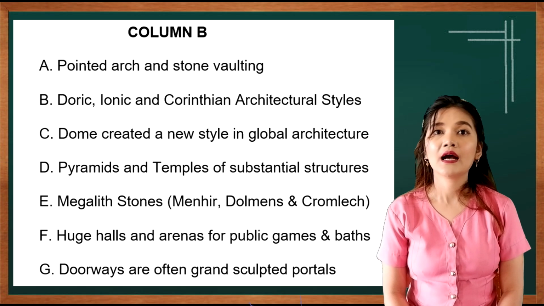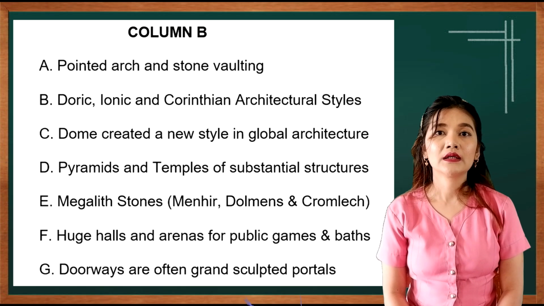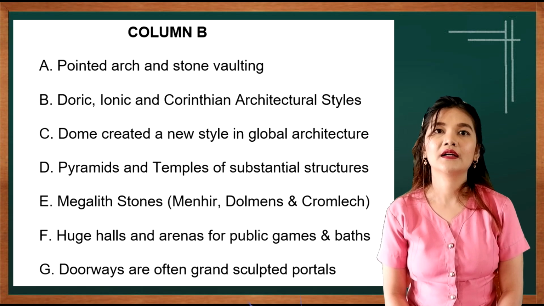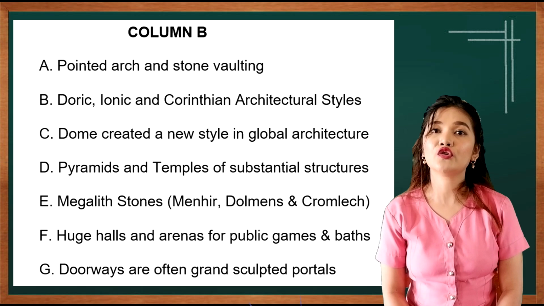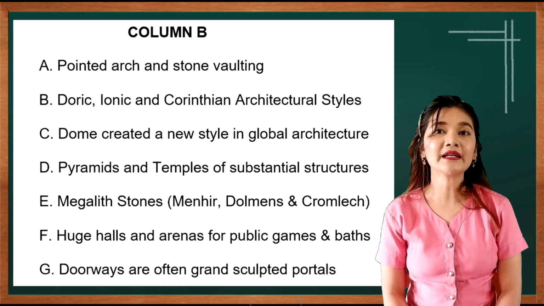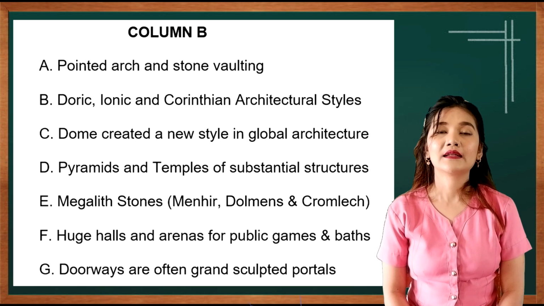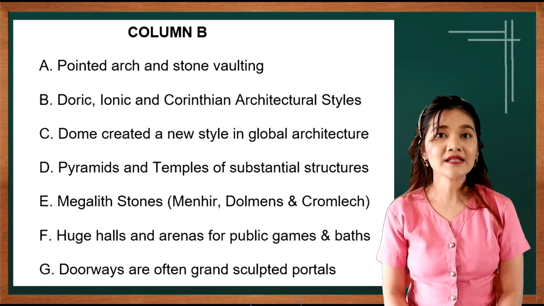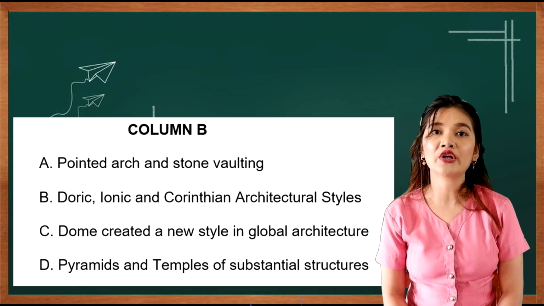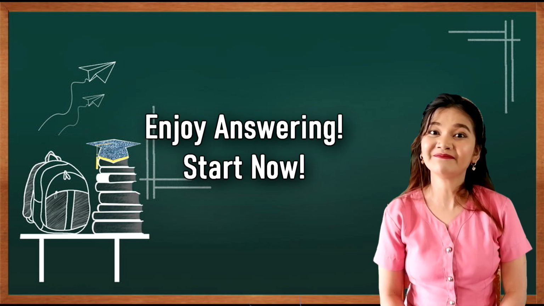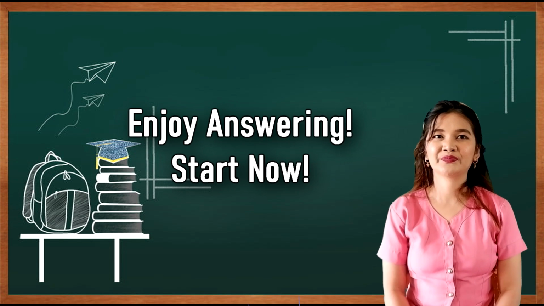Letter E. Megalith stones, menhir, dolmens, and cromlech. Letter F. Huge halls and arenas for public games and baths. Letter G. Doorways are often grand sculpted portals. Enjoy answering. Start now!